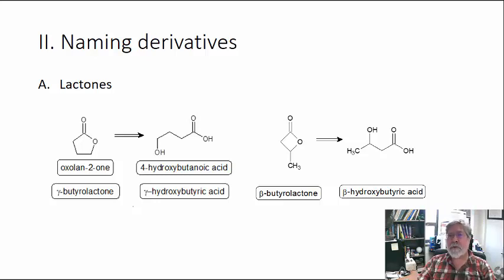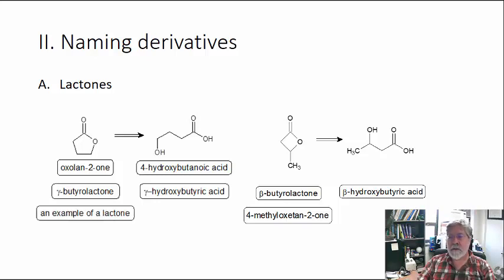And the beta butyrolactone, its official name is 4-methyloxetan-2-one. And so the official names become a little bit more difficult to derive, and I don't think it's important. As I said, what I want you to remember is that it's a beta lactone or a gamma lactone.